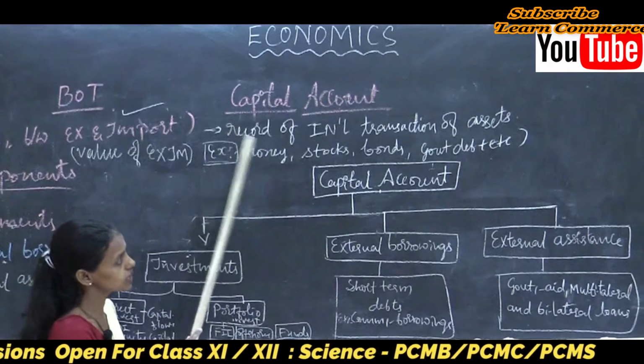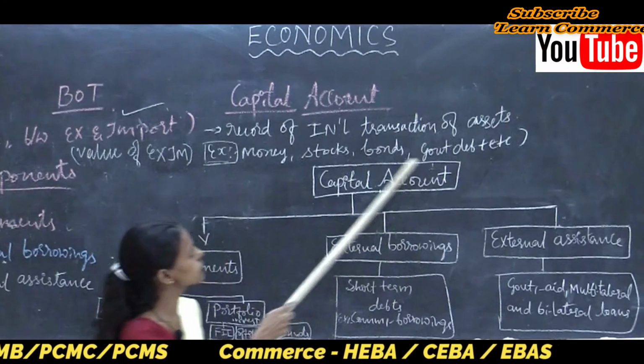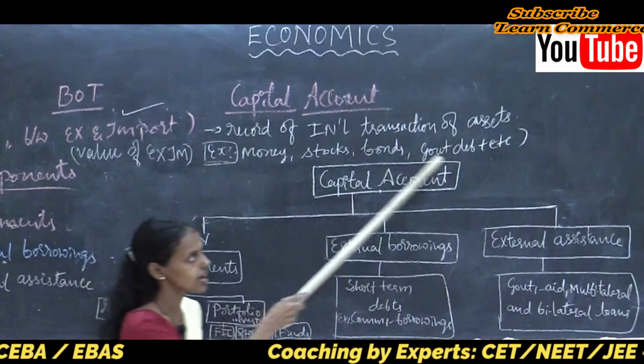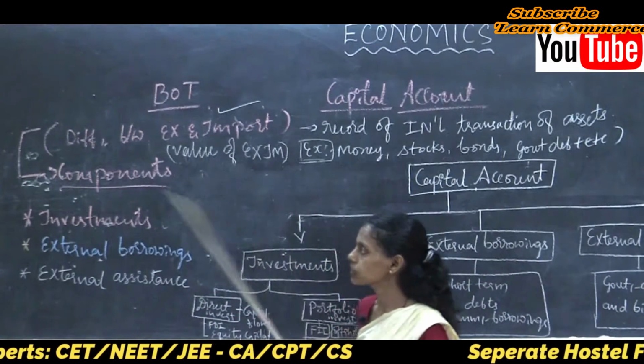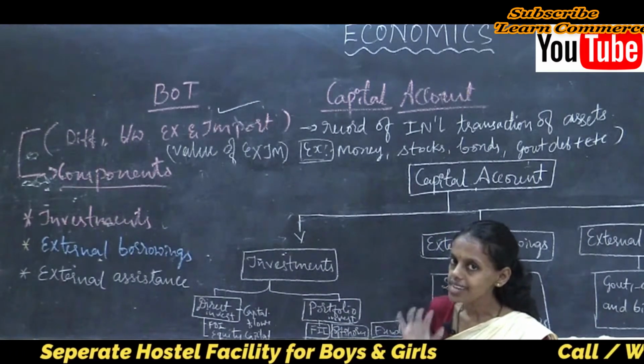Thus capital account is nothing but a record of international transactions of assets. It includes money, stocks, bonds and government debts. Components of capital account include investment, external borrowings and external assistance.